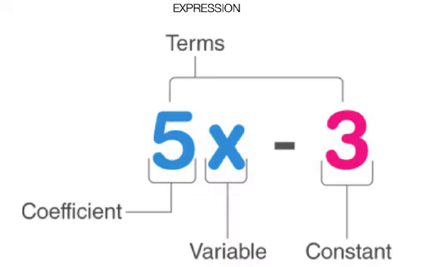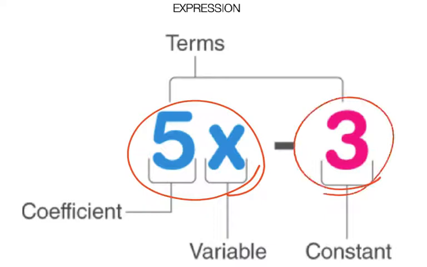First of all, we are looking right here at an expression. An expression is made up, in this case, of two terms. Here's the first term. Here's the second term. I also want you to remember that this is a mathematical operation, and I could have division, multiplication, addition, and subtraction as my mathematical operation.